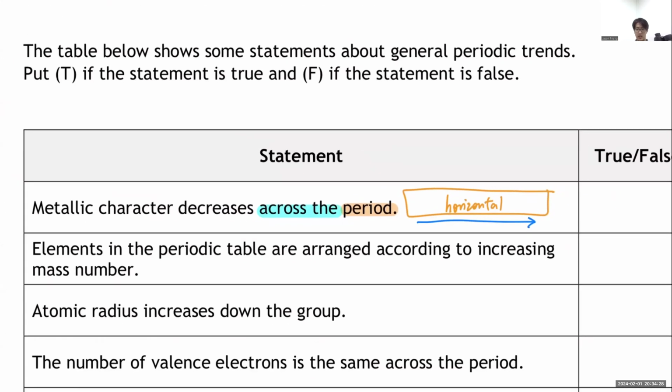The easiest way is to look at the periodic table. You find something here, you find something here. Left side or right side is metal? Left side is metal. So if this side is metal, this side is not metal. Therefore, metallic character decreases. Means left side is the most metal, right side is the most non-metal. And that's exactly what we learned, isn't it?